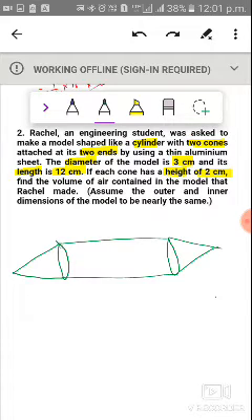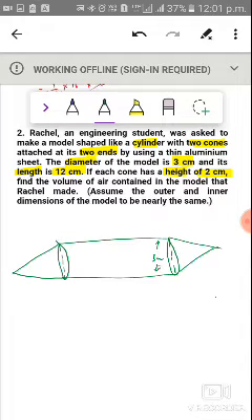So this is the diameter for the cylinder and for the cone. So it said a cylinder with two cones attached to its two ends by using a thin aluminum sheet. The diameter of the model is 3 centimeter. So this is 3 centimeter.